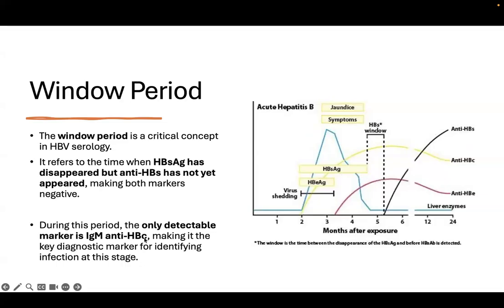This is telling us that this person is actually going to make a recovery because there are no more surface antigens. You have antibodies, and it's just taking a bit of time to get these protective anti-surface antibodies, specifically of the IgG type. So we call this the window period.